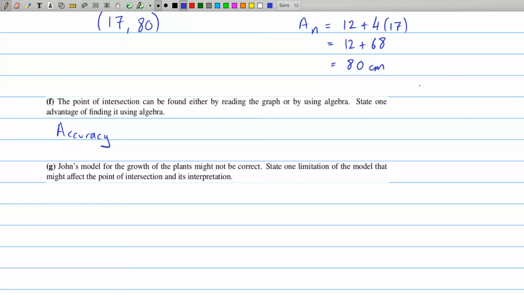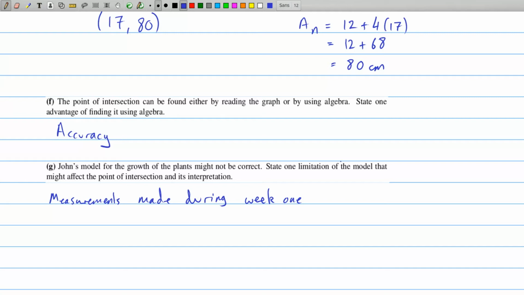They actually give you a little bit of a hint in part C, where it says John assumes that the plants will continue to grow at the same rates. That's exactly what one limitation would be: he's making an assumption that the measurements made during the first week won't necessarily apply for the entire 4 weeks.